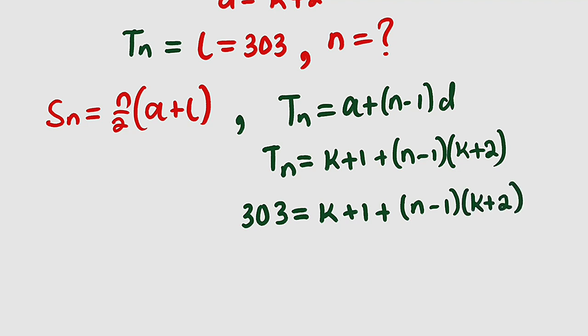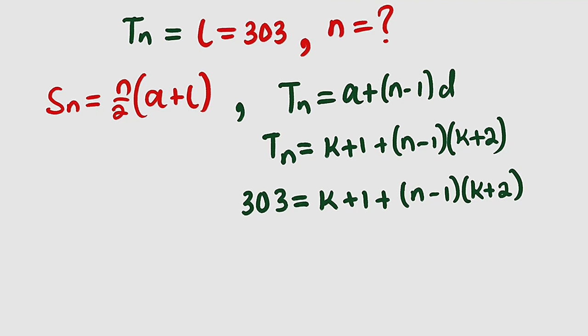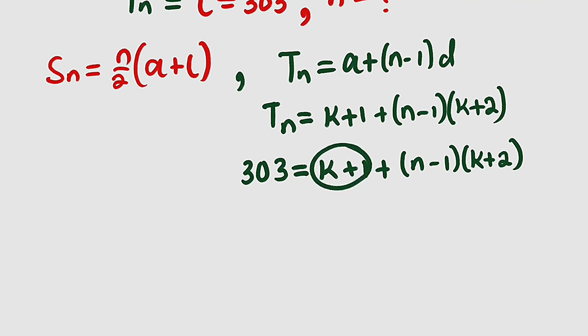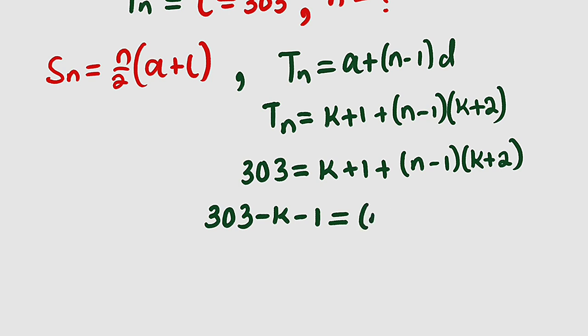Remember, our main goal is to find the value of n. So now let us subtract these two terms. We have 303 minus k minus 1, which is equal to n minus 1 multiplied by k plus 2.